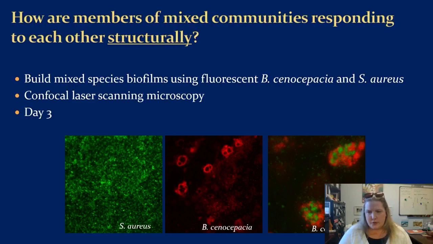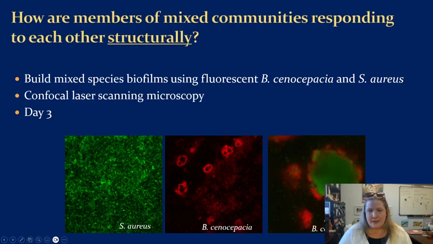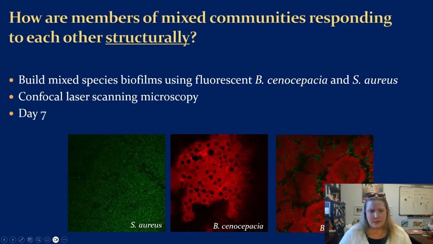But when they're together, they're doing something slightly different, where it looks like there are clusters of Staph aureus, and these are surrounded by the red Burkholderia cenocepacia. There's another image of that. You can see there's this huge, big, diffuse pocket of Staph aureus surrounded by cenocepacia.